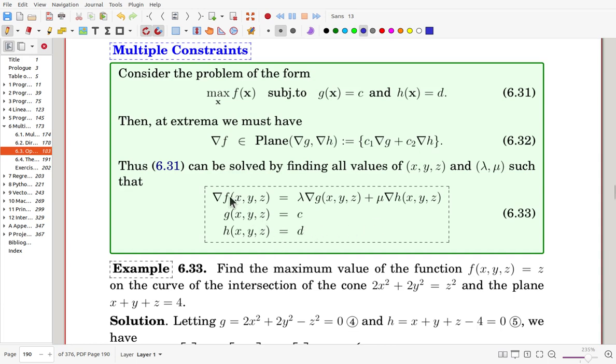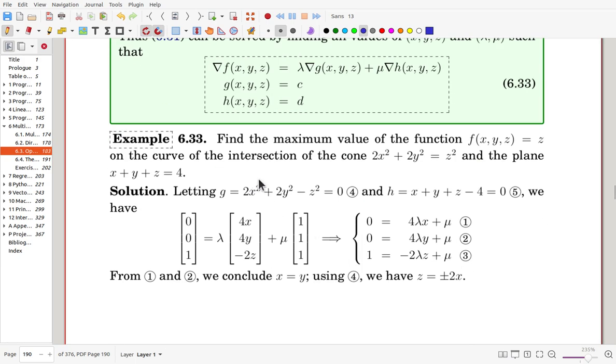So there are 5 equations, 3 from here and an extra 2 from the constraints. And we have to decide the values of x, y, z, and lambda, mu. So 5 variables. We can solve this system reasonably, but it doesn't mean that we have a unique solution. It is not a linear system, so you can have more than one solution.